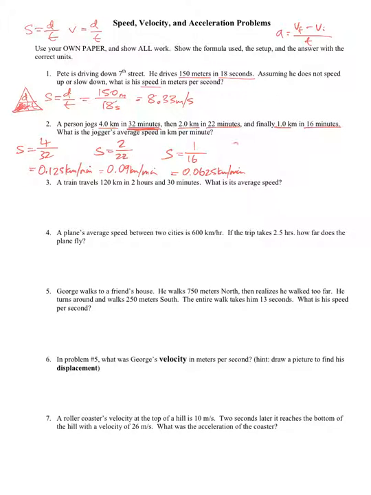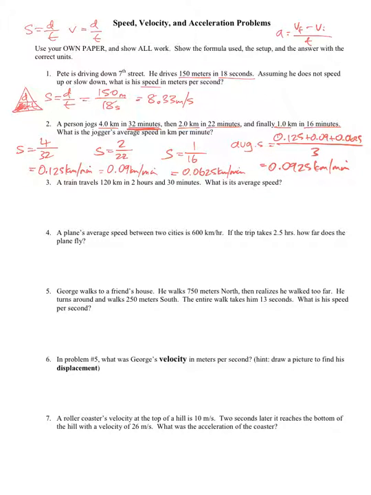So the average speed is going to be the 3 of them, 0.125 plus 0.09 plus 0.0625, divided by how many numbers I added together, which was 3 of them, and that comes to 0.0925 kilometers every minute average speed.